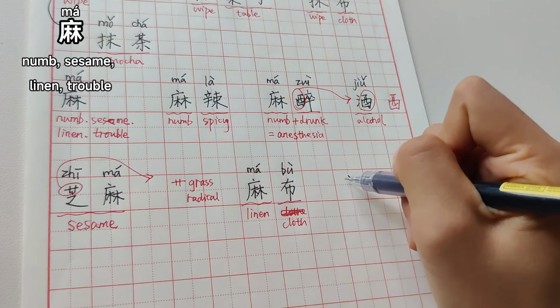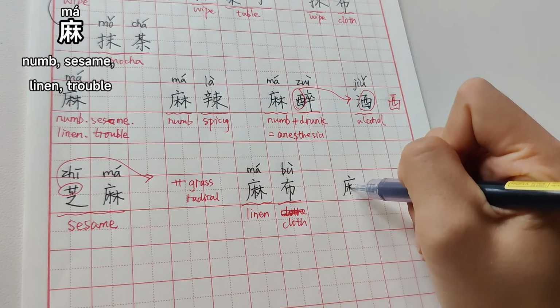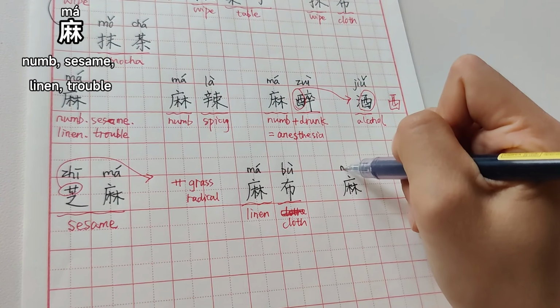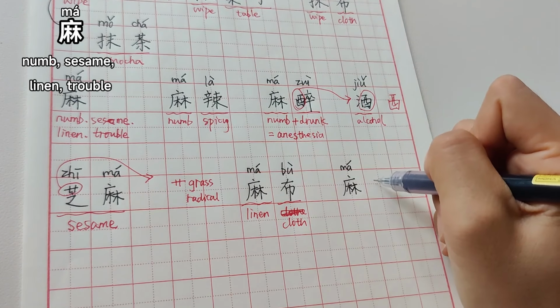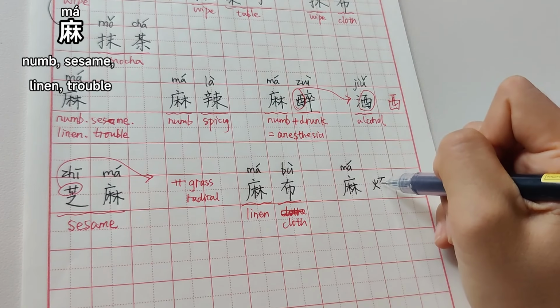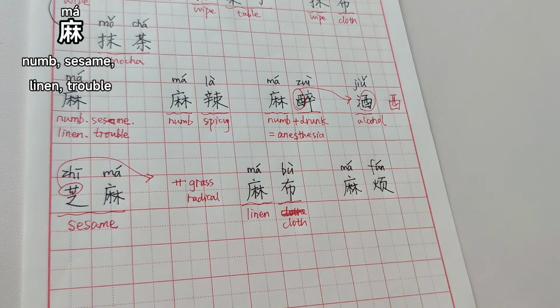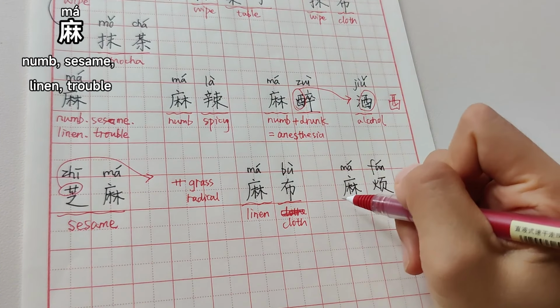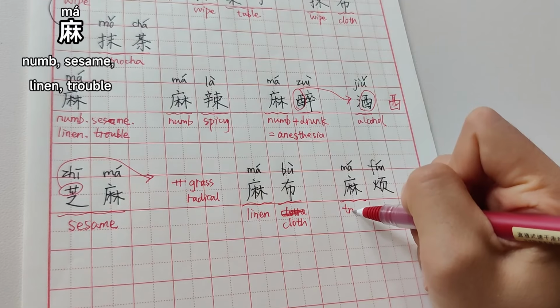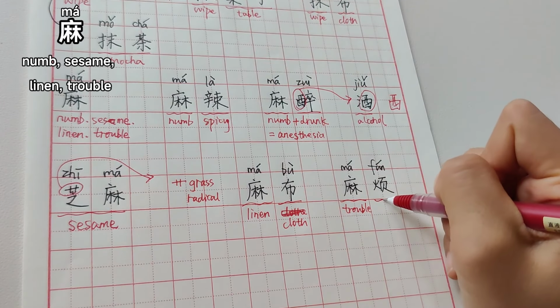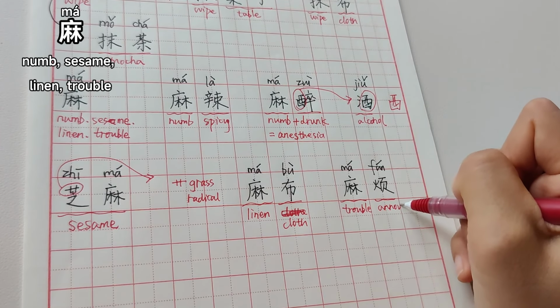Move on to the last meaning, meaning trouble. Ma 烦. Okay. Ma means trouble. Fan means annoy.